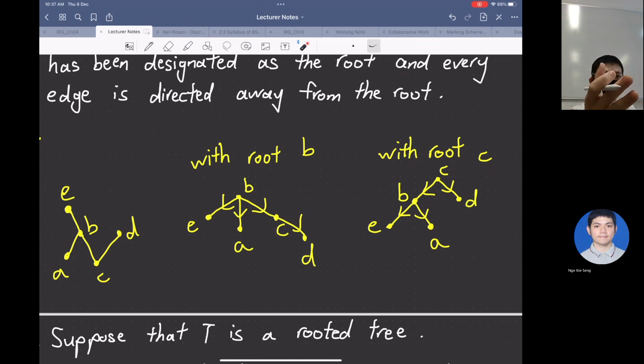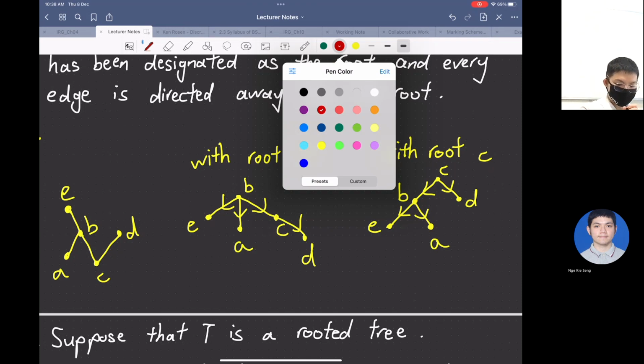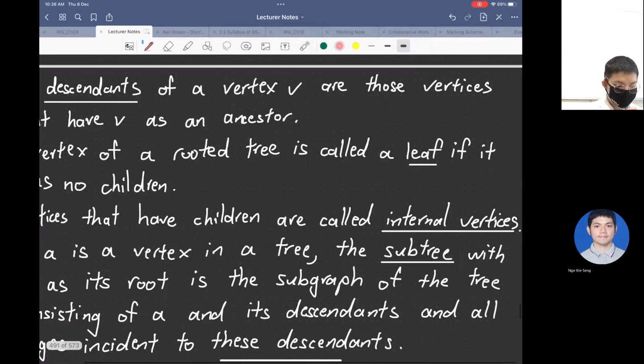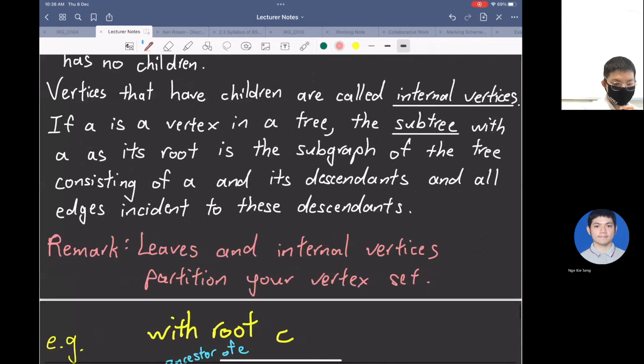Either you have a child or you don't have a child. The union of these two is your vertex set. So leaf and internal vertex partition your vertex set.